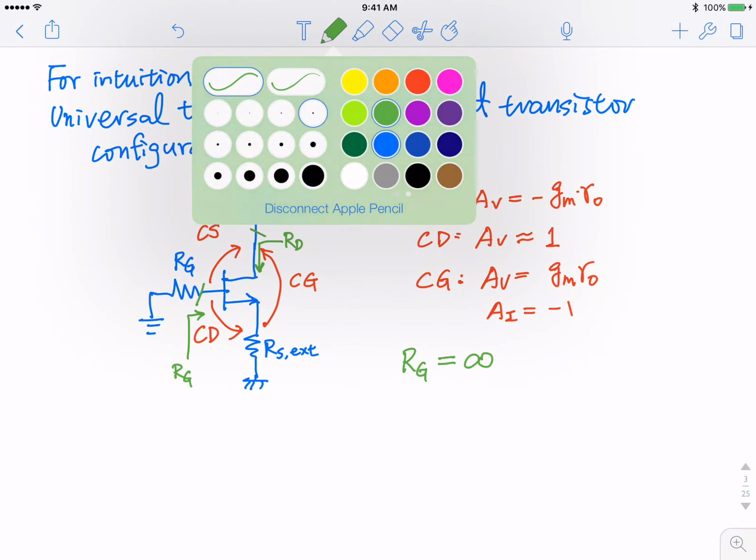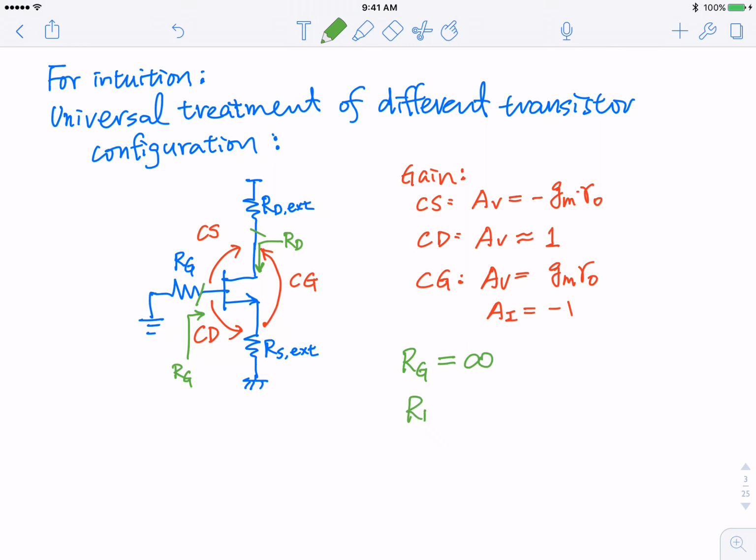Now I'm looking into the RD. We have done small signal analysis of this a few times. If you like, we can do it again, but this is basically common source with degeneration. So you not only see the output resistance of the transistor, which is small r0, but when there is an external resistor attached to the source, this is basically GM R0.